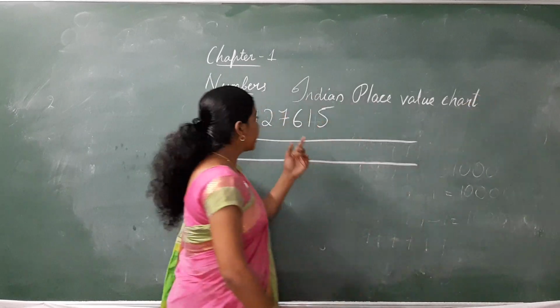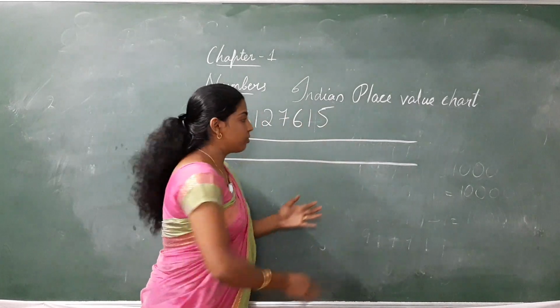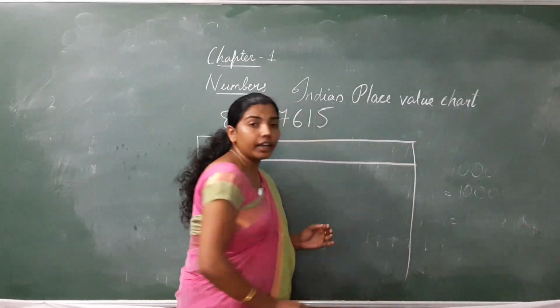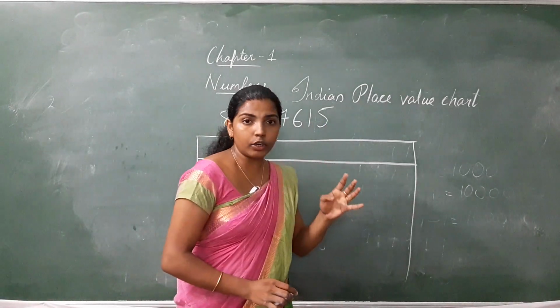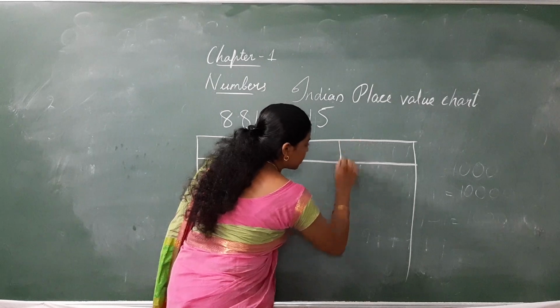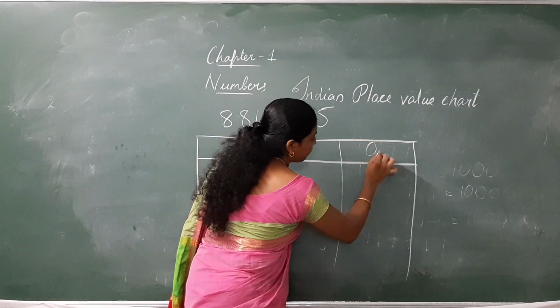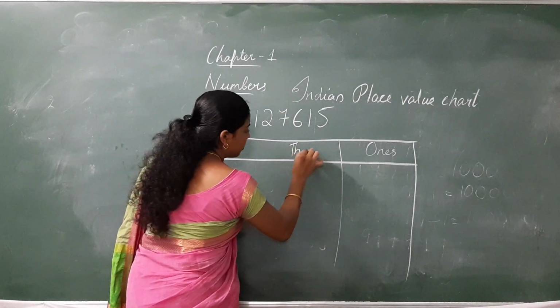Now we are going to read this number using the Indian place value chart. This Indian place value chart is divided into mainly 4 periods. From the right side, the first period is ones. The second period is thousand.